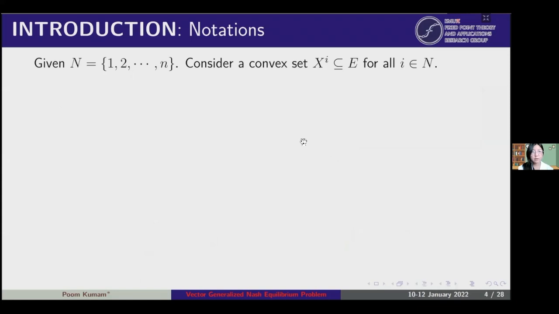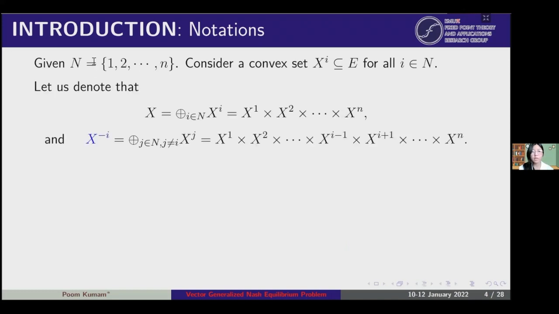In the introduction, we first consider the notation in this work. Given capital N as the set of finite natural numbers 1, 2, 3 until small n, we consider the convex set Xi from a non-empty set E. For all i belonging to this set, we write X as the product of X1, X2, X3 until Xn.